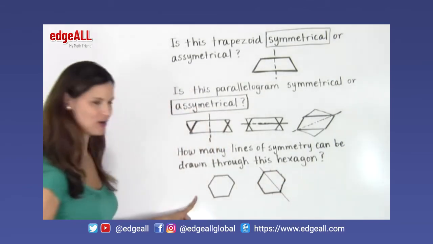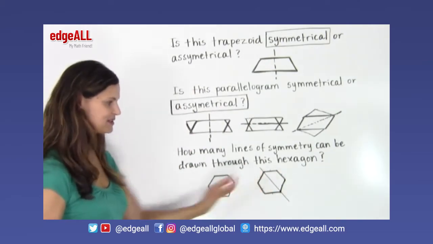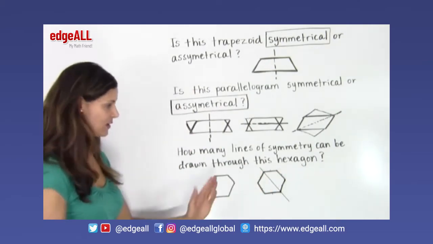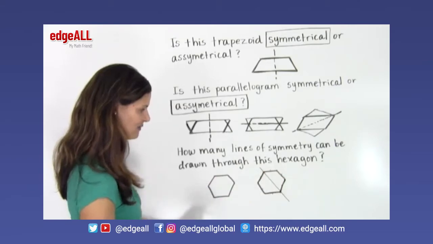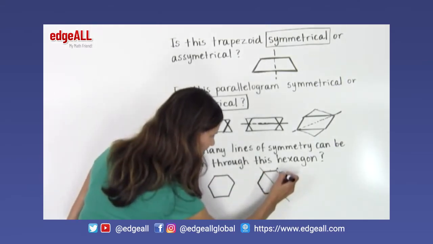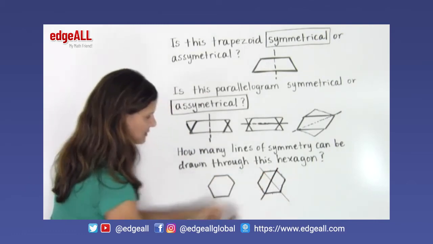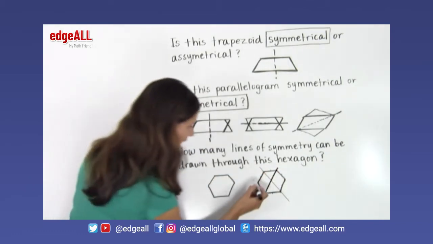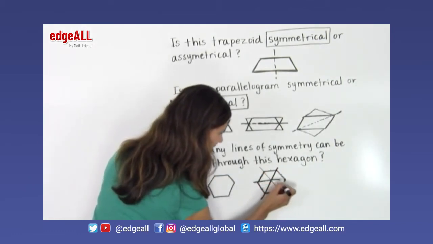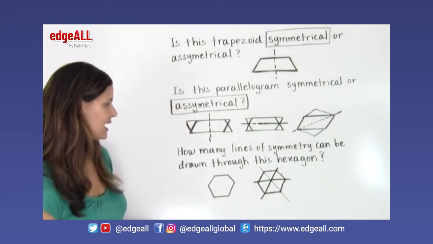So from this corner to this corner is a line of symmetry, exactly the same, reflected on either side of my line. Same thing from this corner to this corner. There's a line of symmetry between the two shapes on either side of the line. And from this corner to this corner as well.